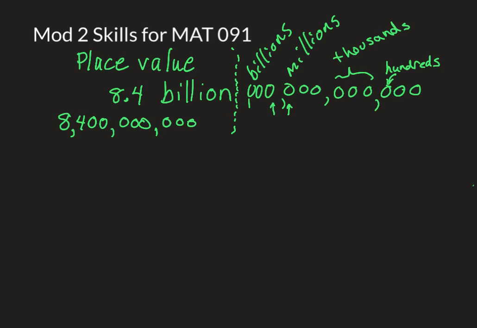How else could you write that? You could write it 8,400 millions, because the millions start here. So you put the 8,400 in there, and then you add all 6 zeros that make up 1 million.